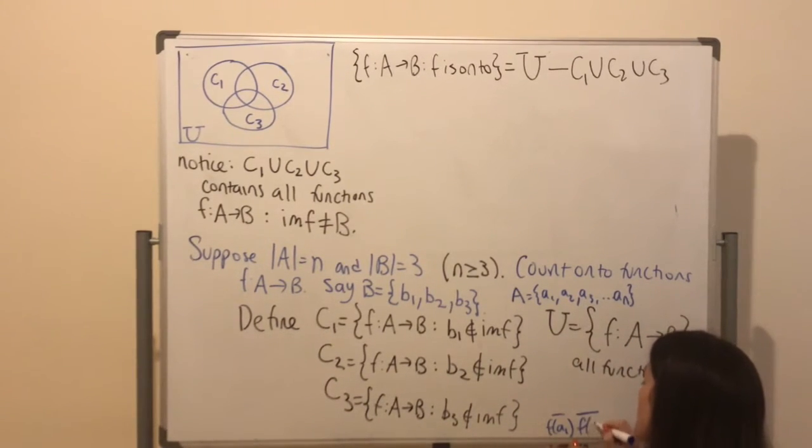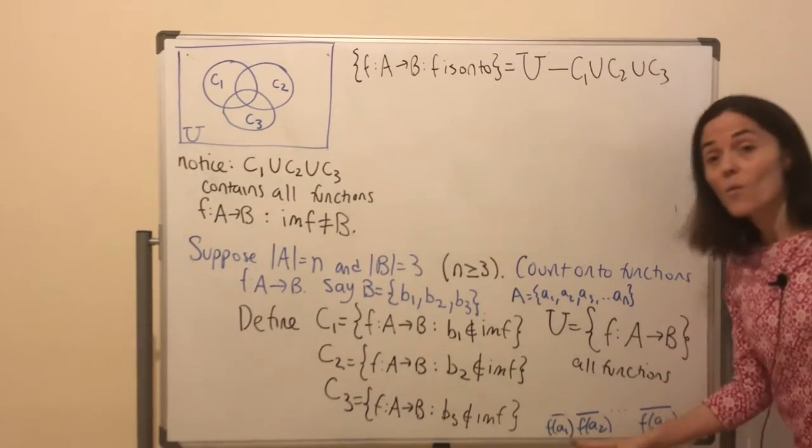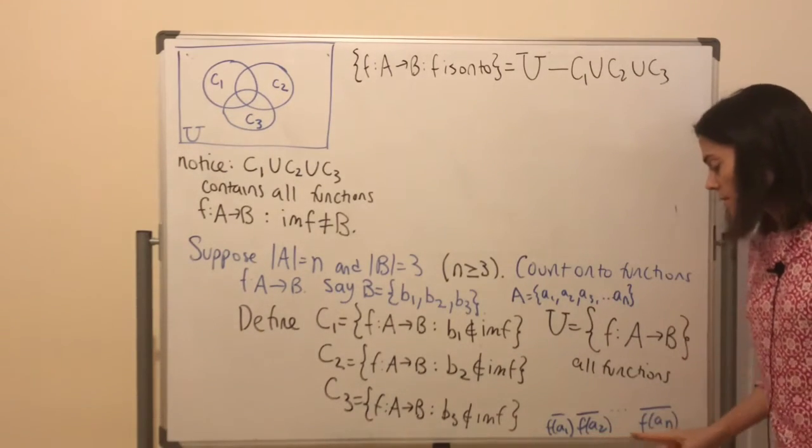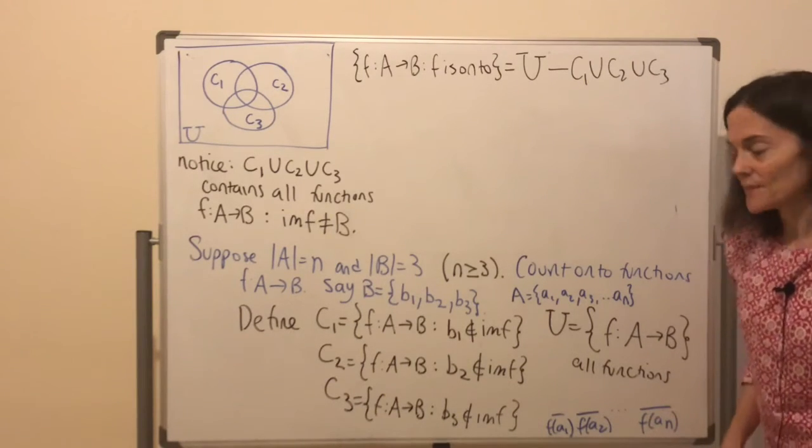This we have discussed, but it's important enough in this argument to discuss it yet again. I specify f of A1, f of A2, f of A3, and so forth, f of AN. Then I have a function.